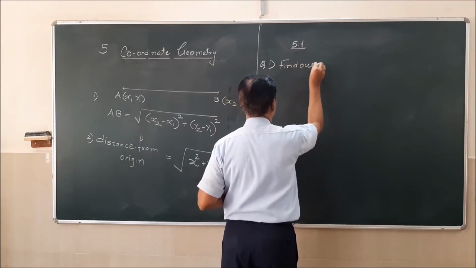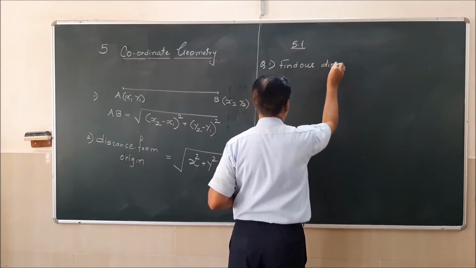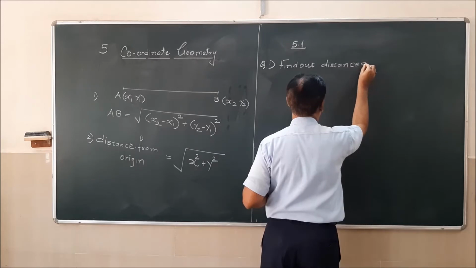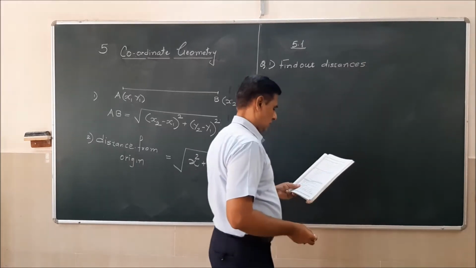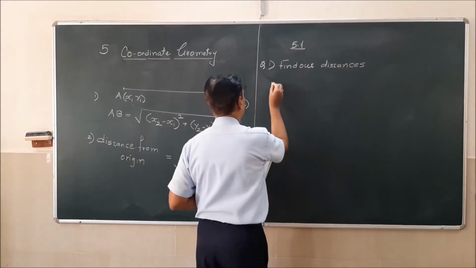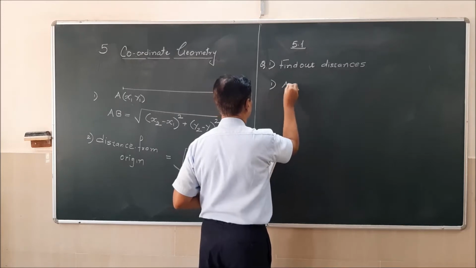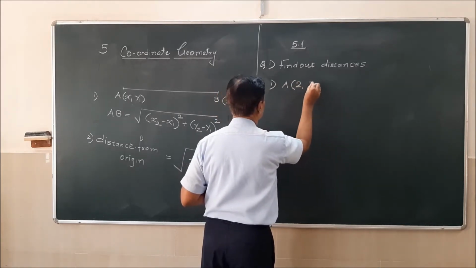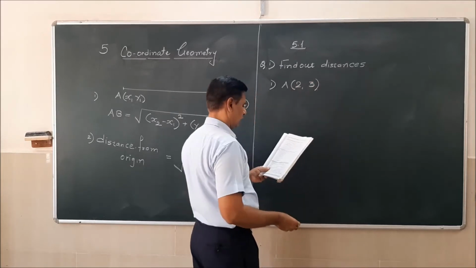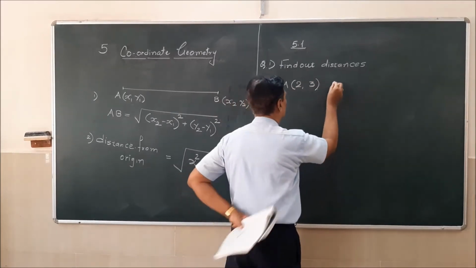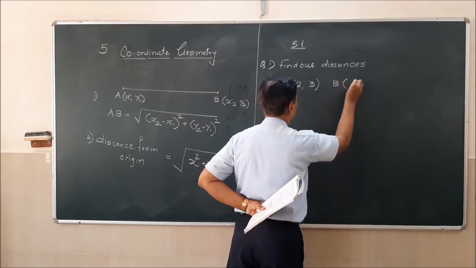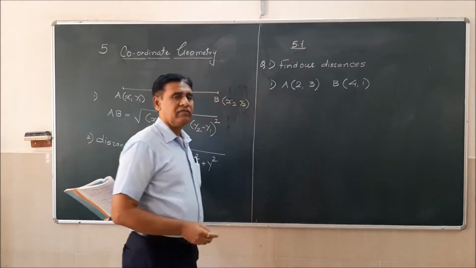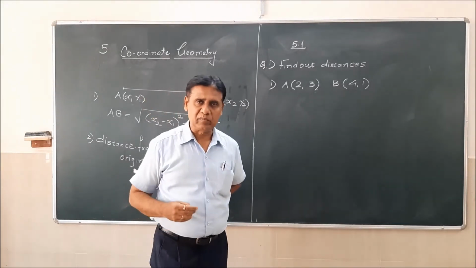The first point is given as A (2, 3), while point B is (4, 1). We have to find the distance AB.